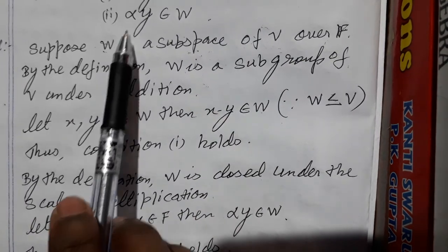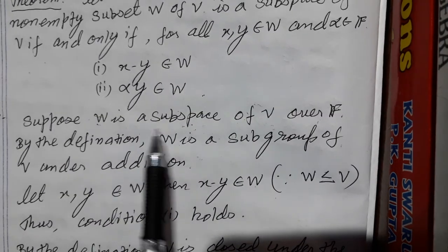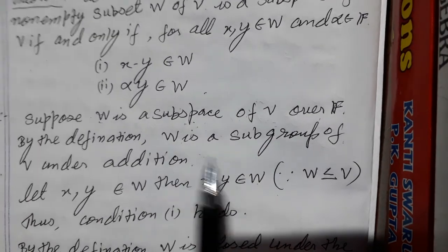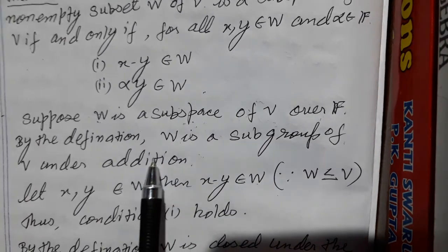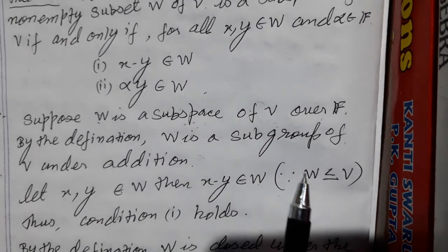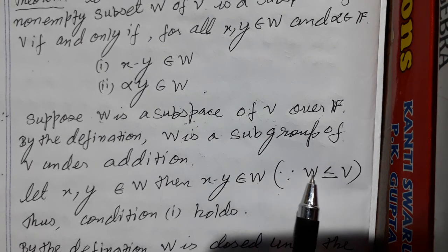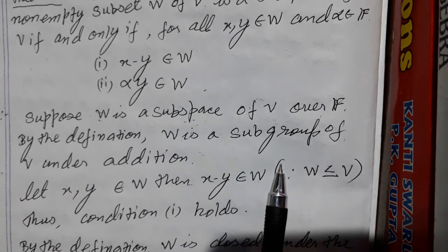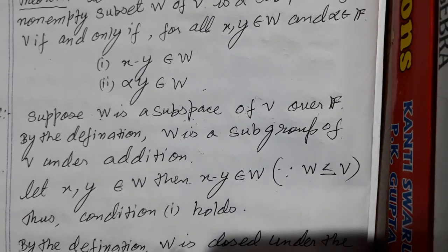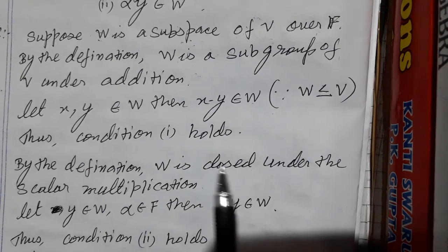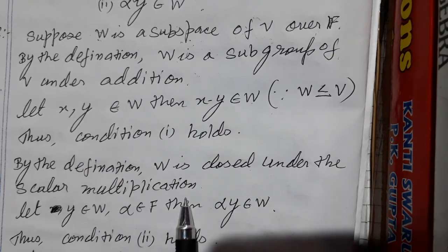Now we want to prove the second condition. Since W is a subspace of V, it is a vector space over the field F under the same operation of V. Since W is a vector space, it is closed under scalar multiplication.